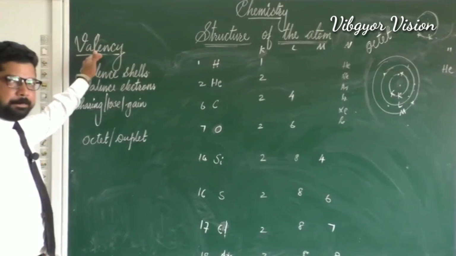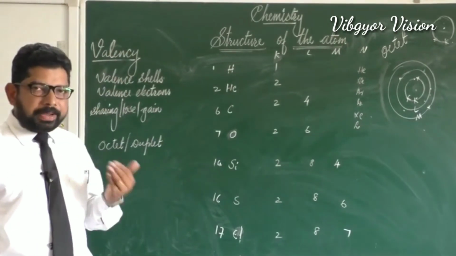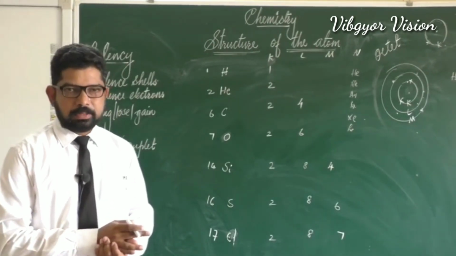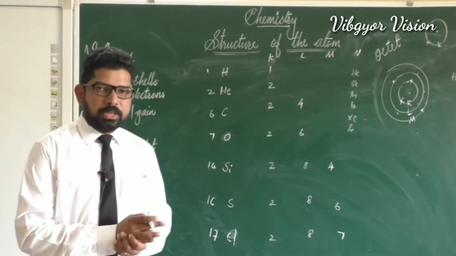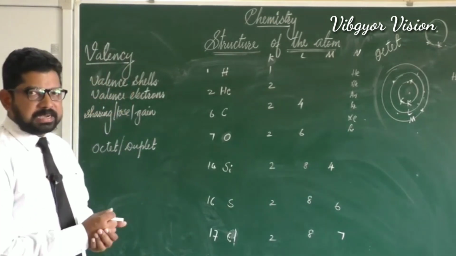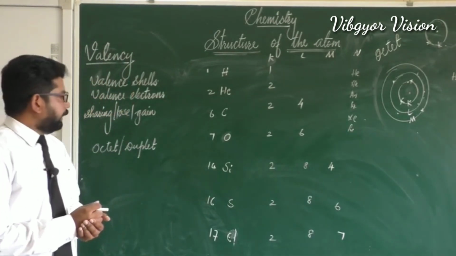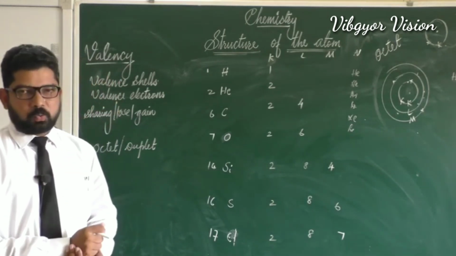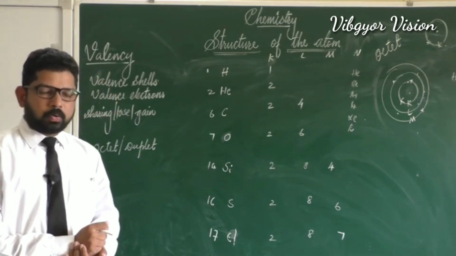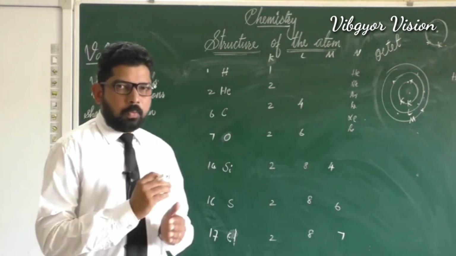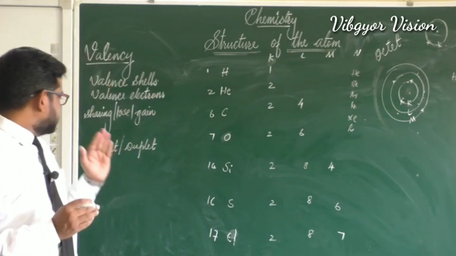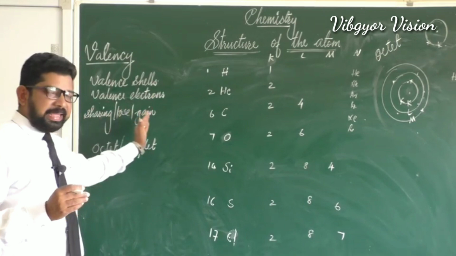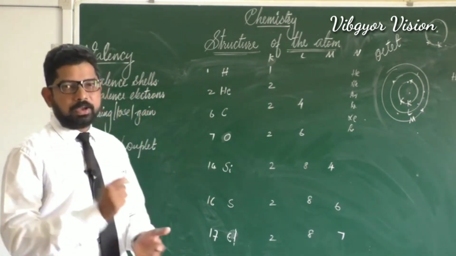So what is valency? Valency is the combining capacity of an element. We have learned this definition in our previous lesson, in atoms and molecules. Now we are going to learn valency in terms of electrons.